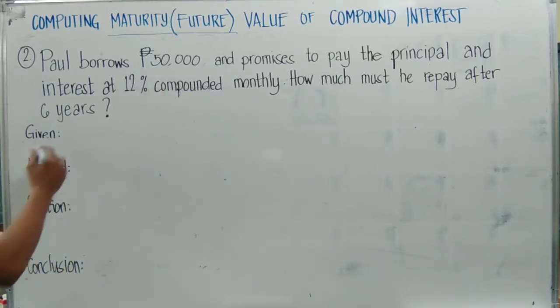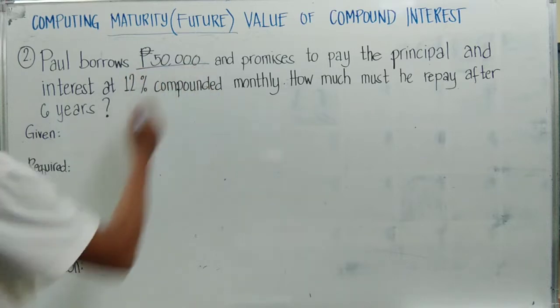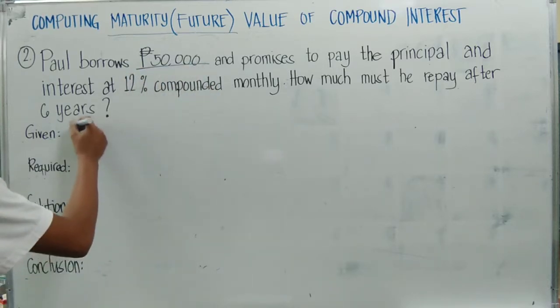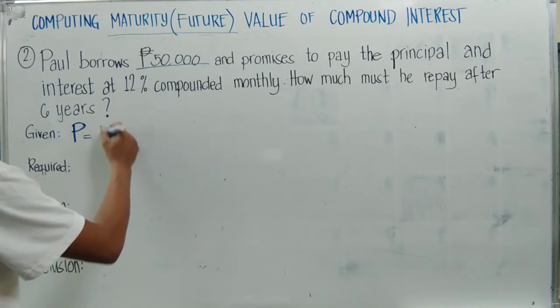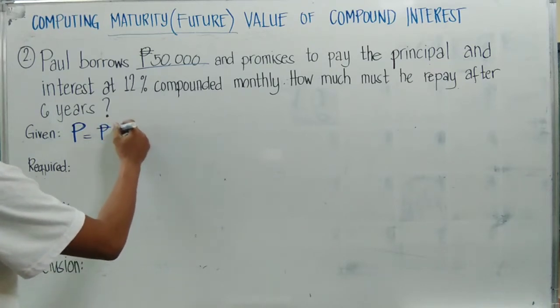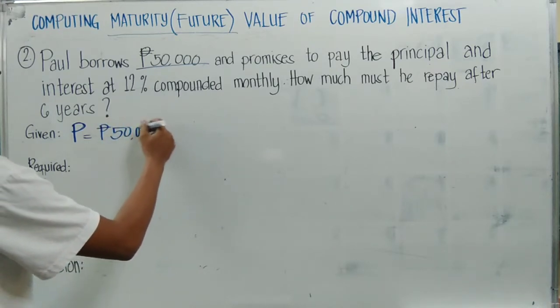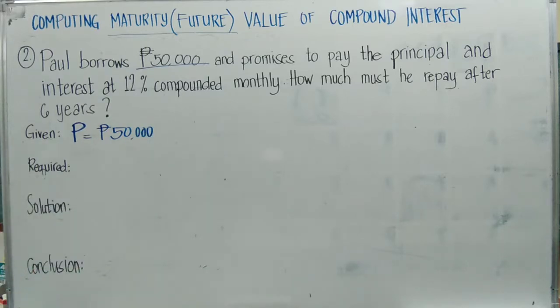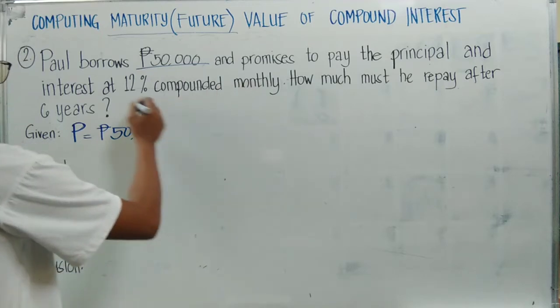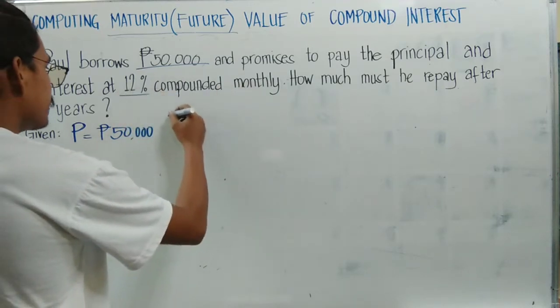Okay, so first let us identify the given. So the given information are, of course, we have 50,000 and that will be your principal. Then we have 12%.